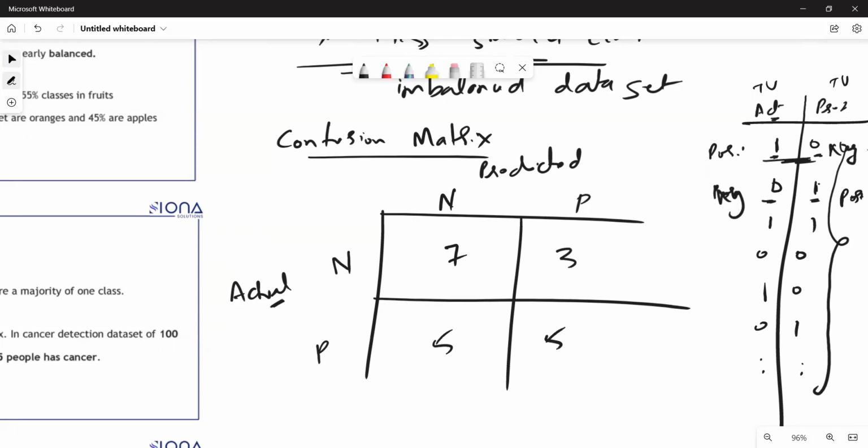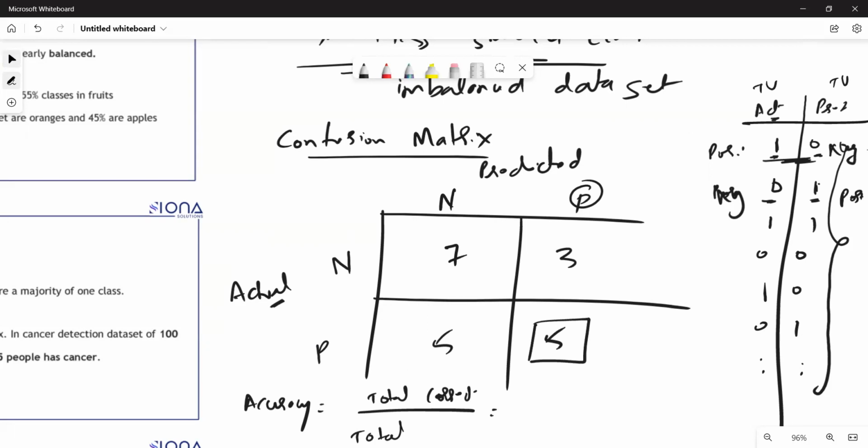Now if I want to find accuracy from it, it is nothing but total correct divided by total. Here the correct ones are predicted positive and actually positive, and predicted negative and actually negative. That is 5 plus 7 divided by the total, 5 plus 7 plus 5 plus 3.